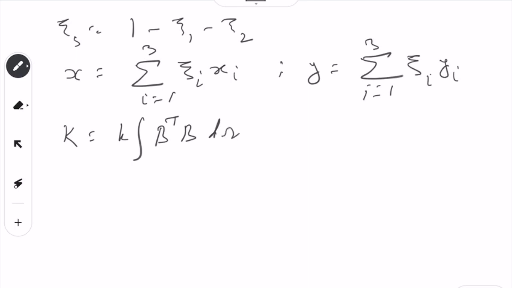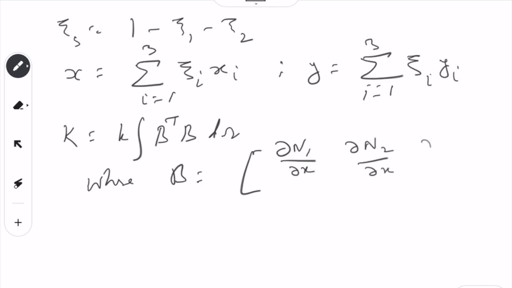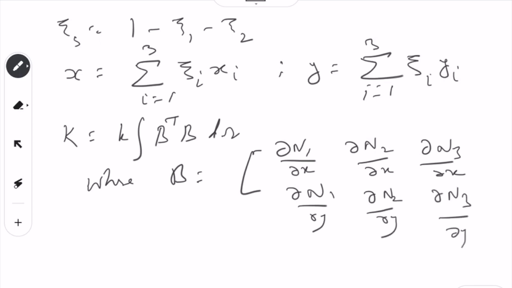Now B, we know, is equal to del n1 del x, del n2 del x, del n3 del x, del n1 del y, del n2 del y, del n3 del y. The only thing is we have to find out what N is. So we first have to compose N, basically.